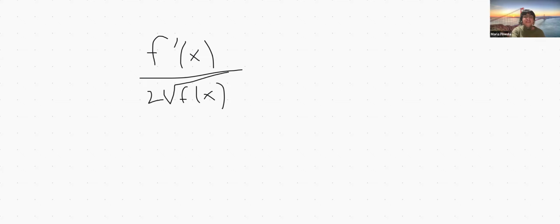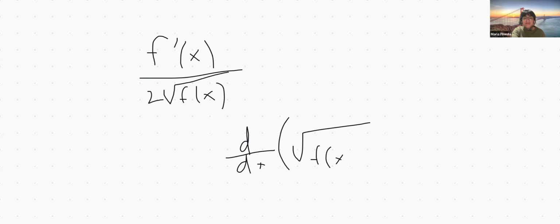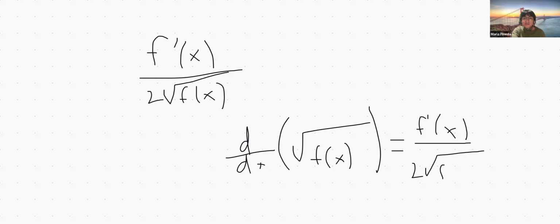After doing that problem, we simplify it to this function, and the final answer would be d over dx of the square root of f of x equals f prime of x over two square root of f of x.